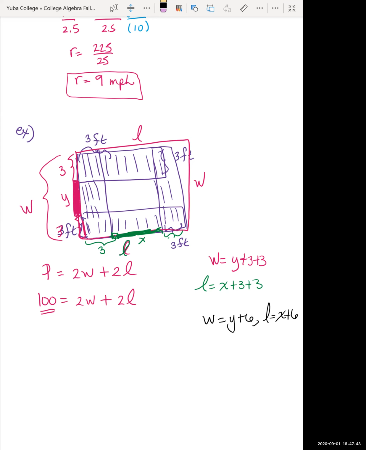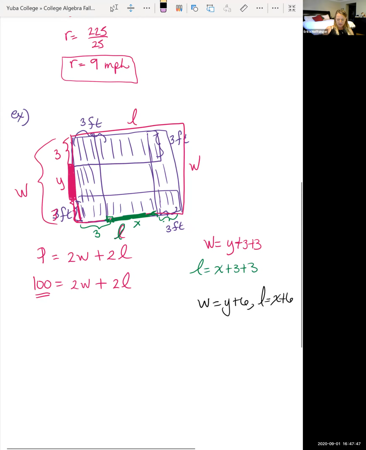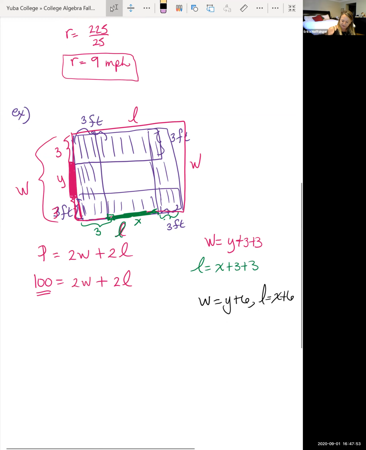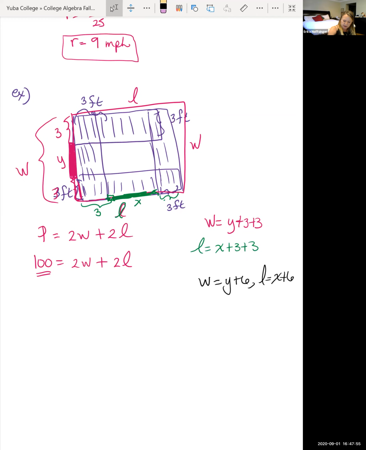The thing is that we don't want these both in terms of x and terms of y. We should have enough information. So we have 100 is equal to 2 times the width, which is y plus 6, plus 2 times the length, which is x plus 6.